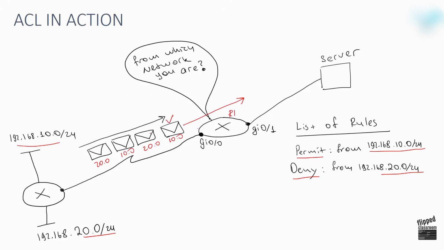Alright, a packet that comes from network 20.0 is denied. So the security guy is now here in the router, which is called the ACL, access control list. Our students are now packets. So students are packets, and the security guy is the access control list.